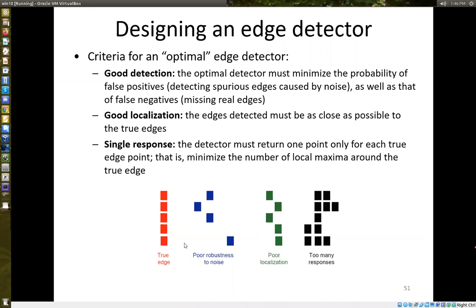I shouldn't say localization earlier, I should say we should have a good single response case. We don't want too many responses. If you have just one edge, you don't want a very thick edge containing many responses.